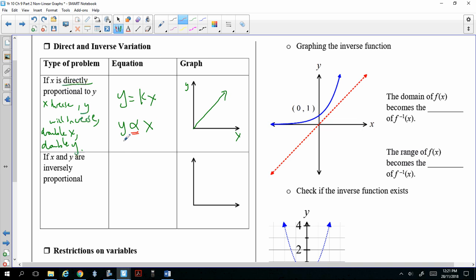And we also have what we call the inverse proportion, that which makes it look like a hyperbola. Okay, so it has the opposite effect. If you double x, you will actually halve y, right? Or if you triple x, y will be divided by 3.